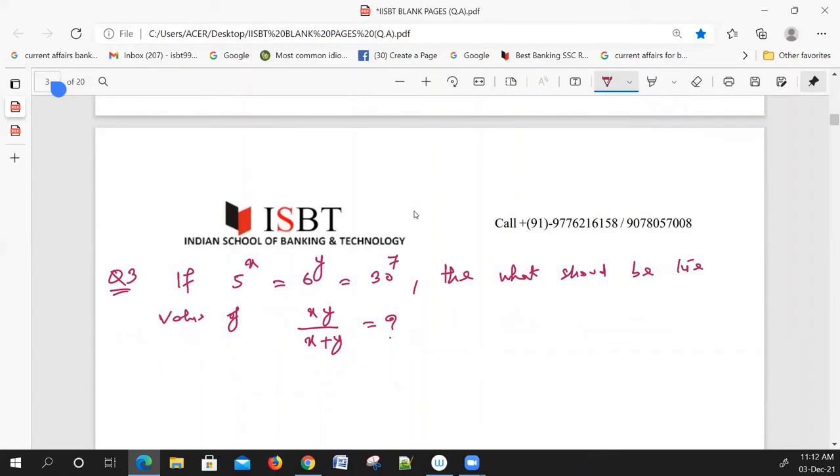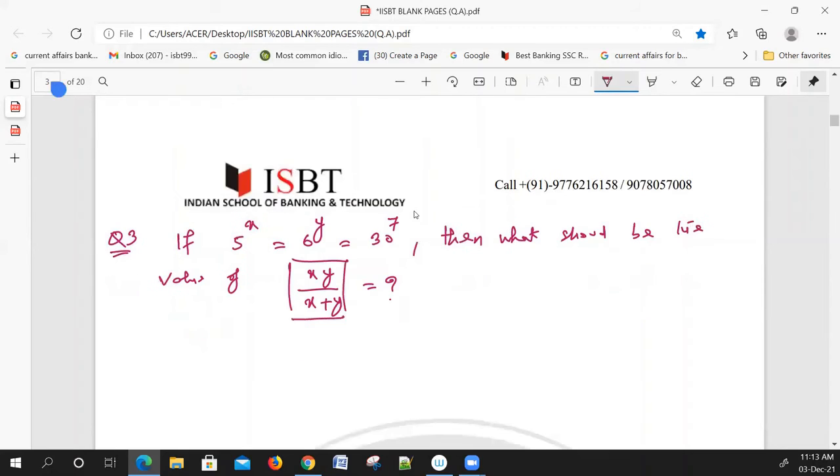How much? Okay, look at the question again. 5 to the power x is equal to 6 to the power y is equal to 30 to the power 7. Then what should be the value of xy by x plus y? Okay. I'm giving the options.